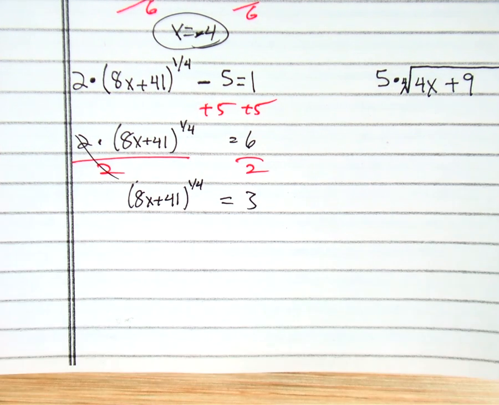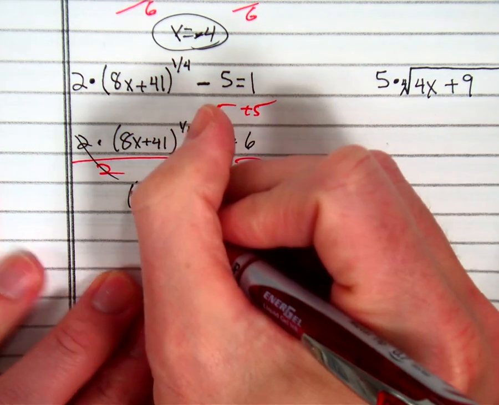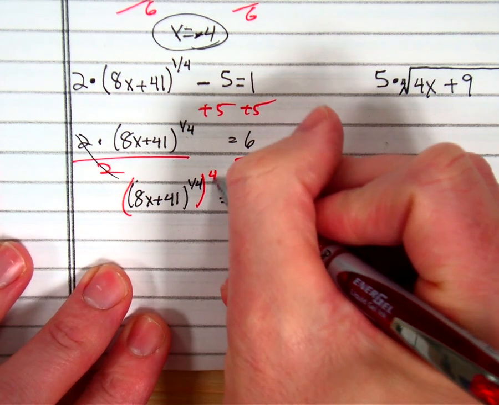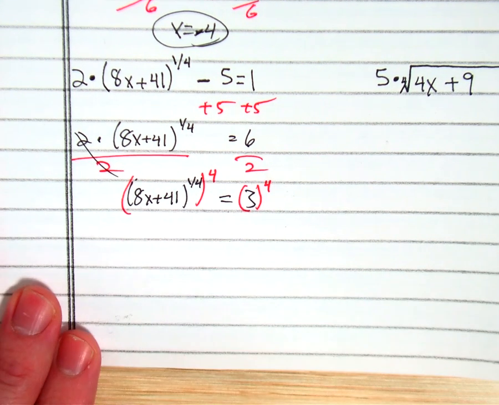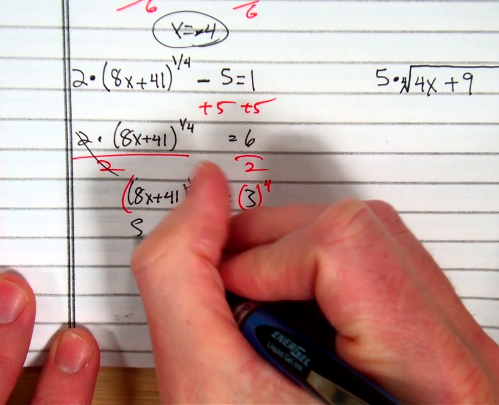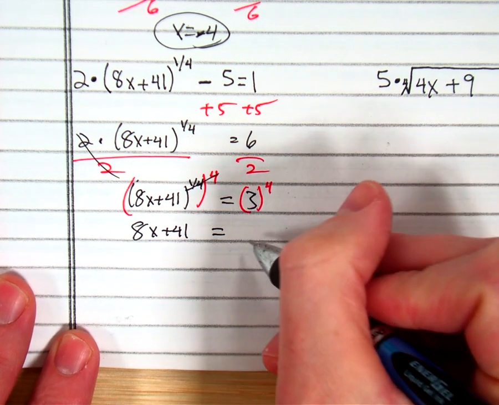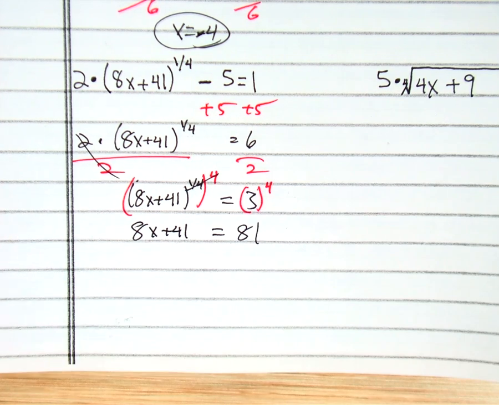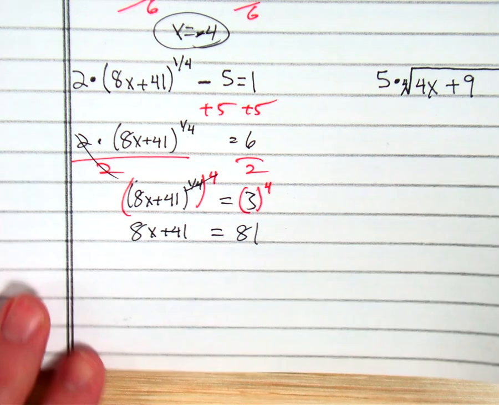Alright, now to cancel out the 1/4 power or fourth root, we're going to go to the fourth power. Those will cancel. 8x plus 41 equals 81.